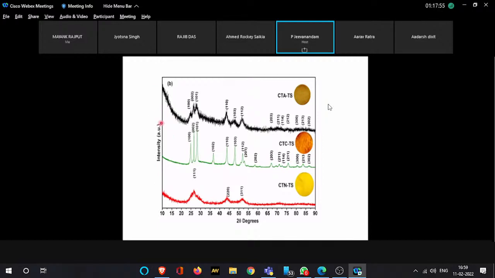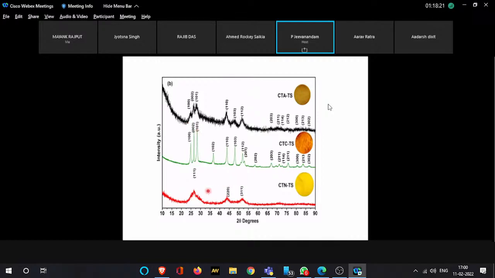Whatever data you got from the instrument and whatever you have plotted, the pattern remains the same. But then you have displaced it for clarity. The moment I do that, I put this arbitrary unit, because this is not the data I received as such from the instrument. I have added something to the y-axis just for better clarity.